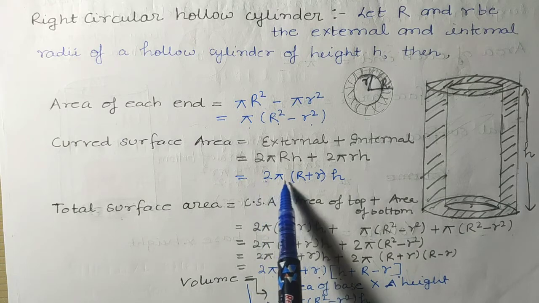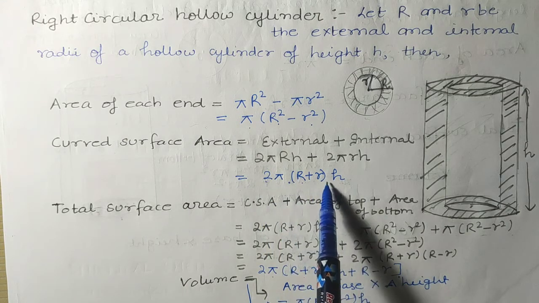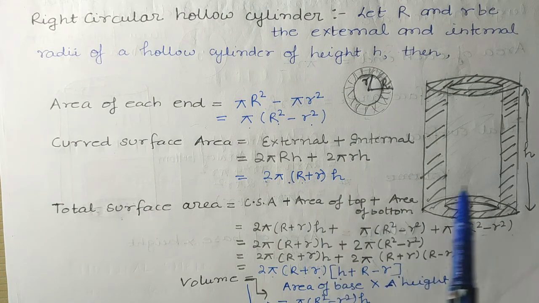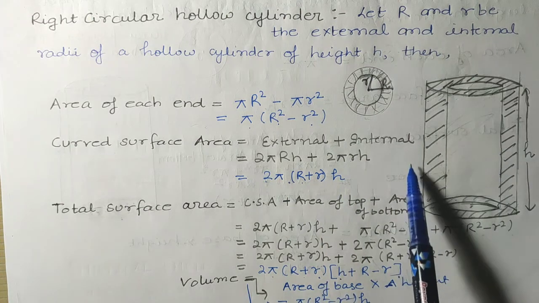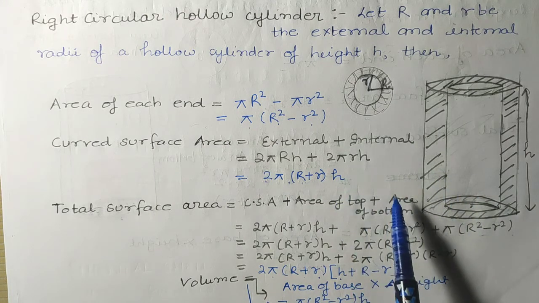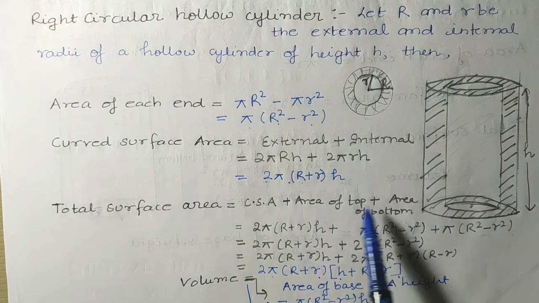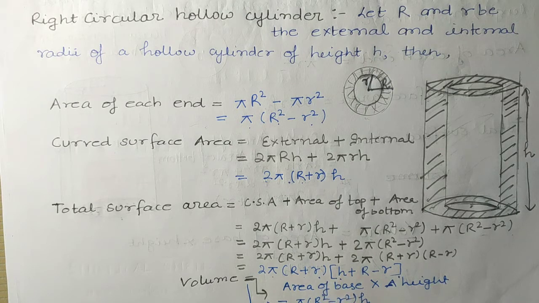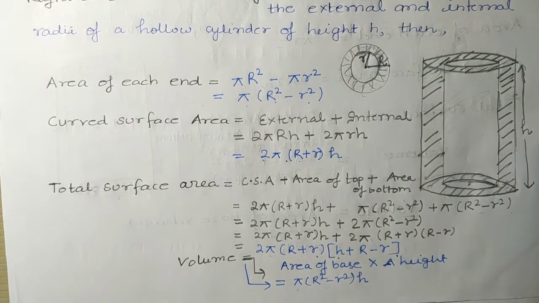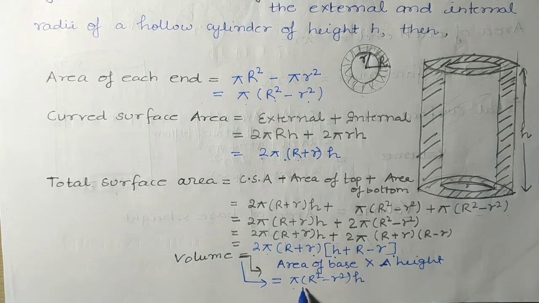Curved surface area is 2 pi (R plus r) into h, means you have to add external curved surface area plus internal curved surface area. Total surface area is curved surface area plus area of top plus area of bottom. When you solve it, you get 2 pi (R plus r) into (h plus R minus r). And volume is pi into (R square minus r square) into h.